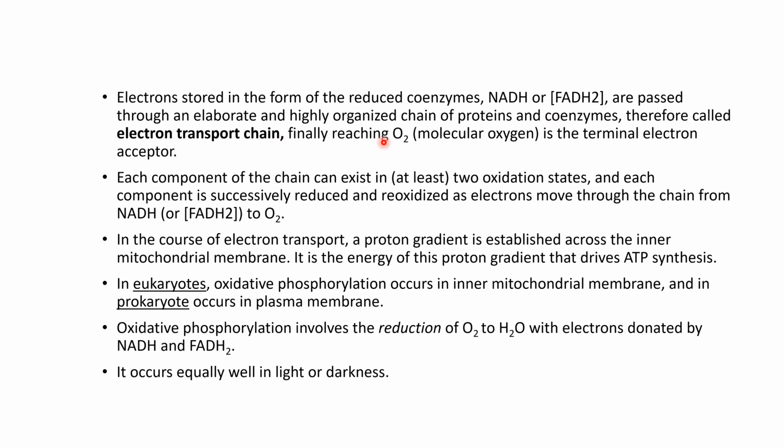So finally reaching oxygen, molecular oxygen, as the terminal electron acceptor. So do remember that our ultimate electron acceptor is basically the oxygen, and there is a production of ATP, right?